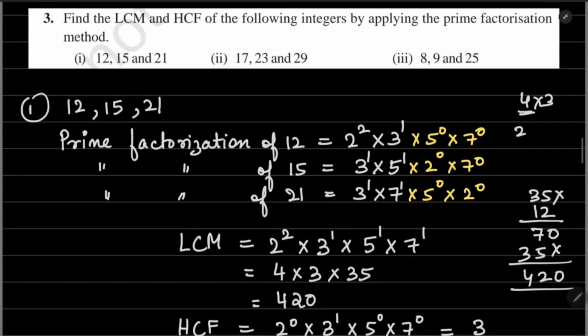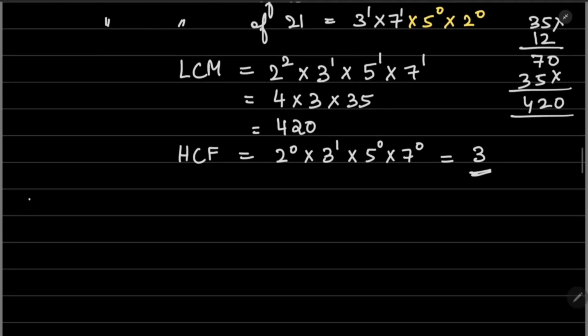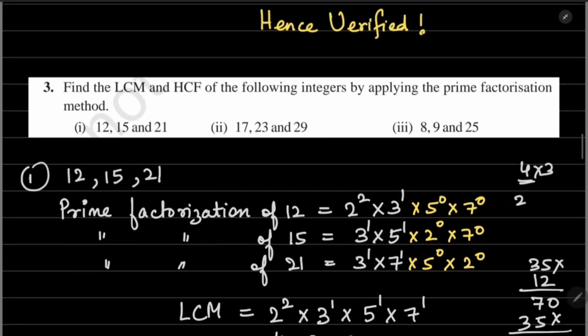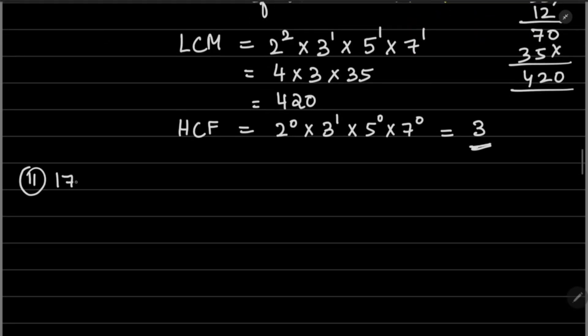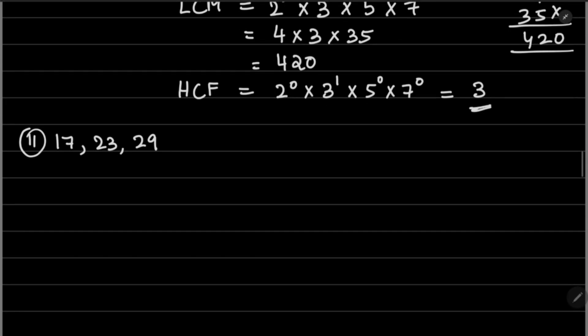The second question: you have to find the LCM and HCF of 17, 23 and 29. Again, a very unique question because all 3 are prime numbers. So how will you write this?